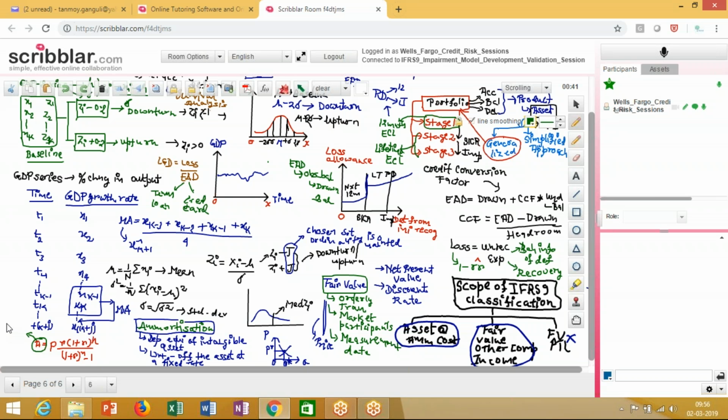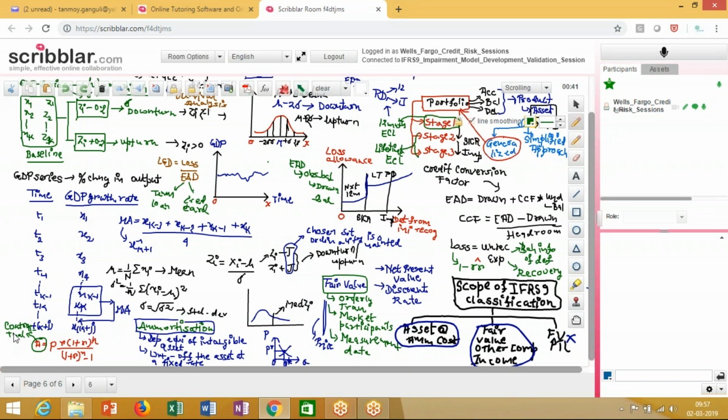So one thing we can see is that for assets at amortized cost, there is always a corresponding contractual cash flow which goes to the bank. Therefore there is a stream of cash flows coming over a period of time, and given this fact, we can say that assets at amortized cost should qualify for IFRS 9 impairment.